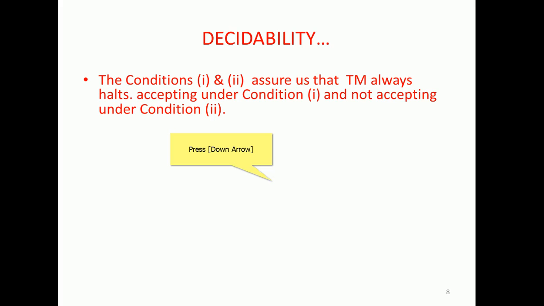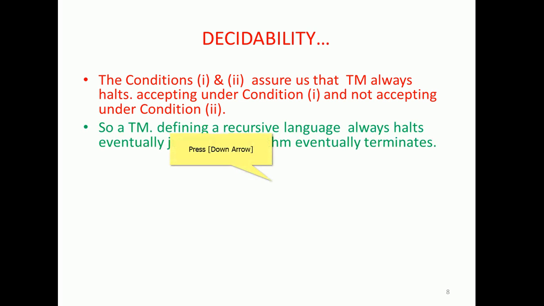So a Turing machine defining a recursive language always halts, just as an algorithm eventually terminates.